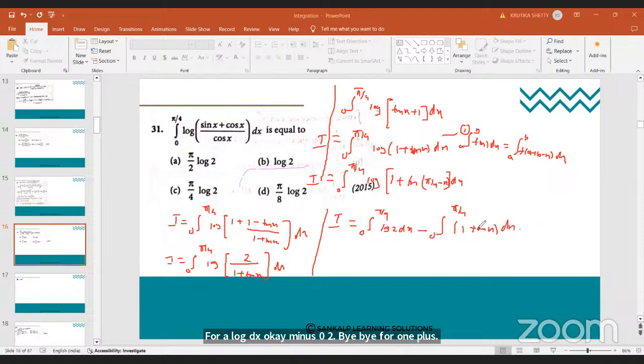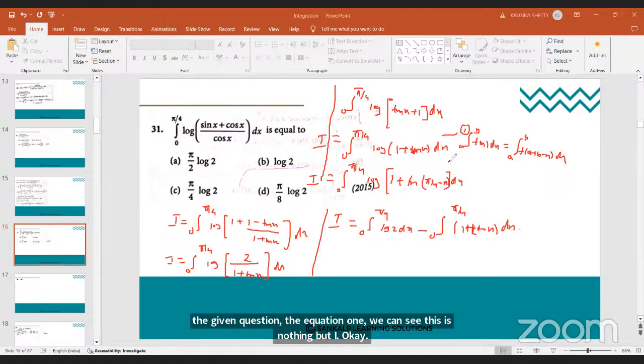From the given question, equation 1, we can see this is nothing but I. Equation 1 is the integral from 0 to pi by 4 of log of 1 plus tan x dx.